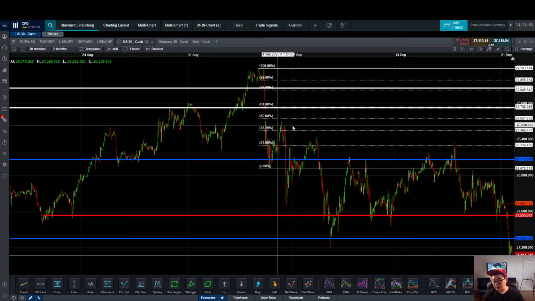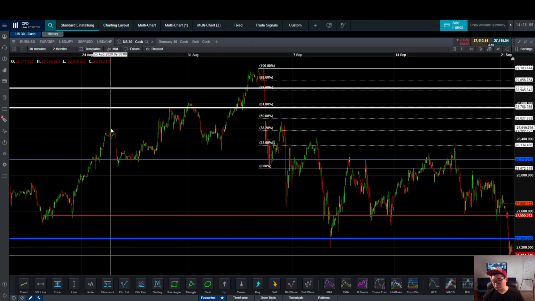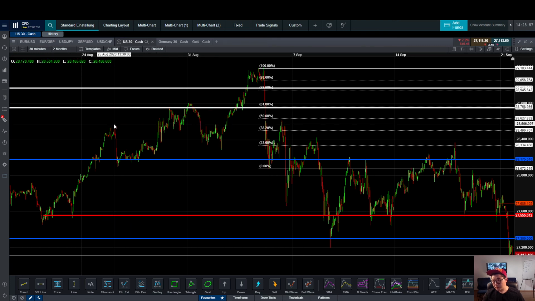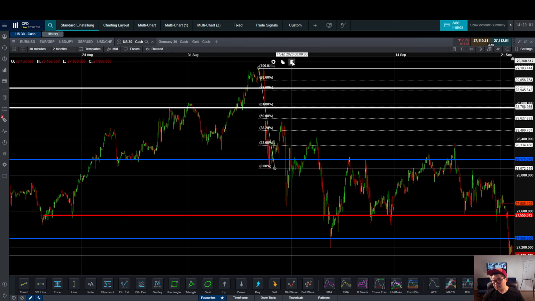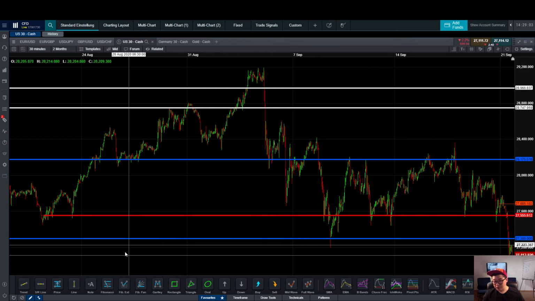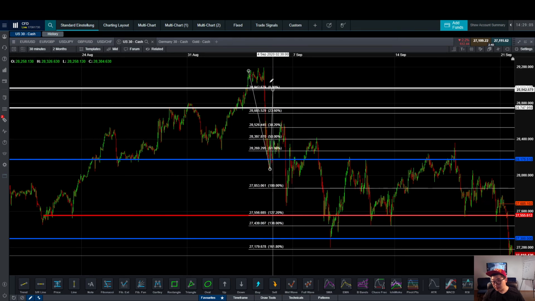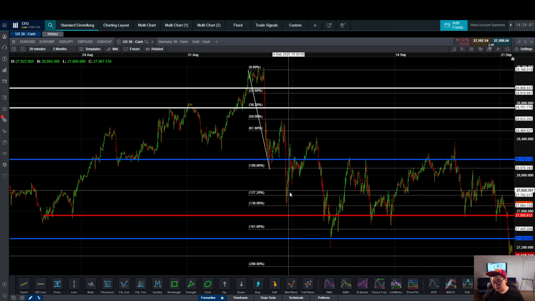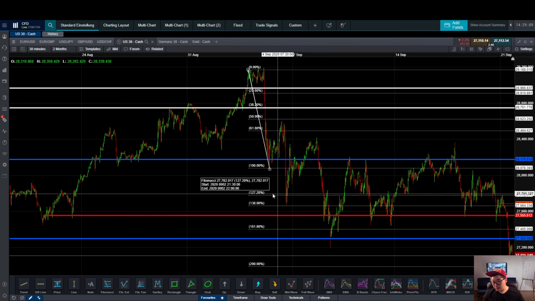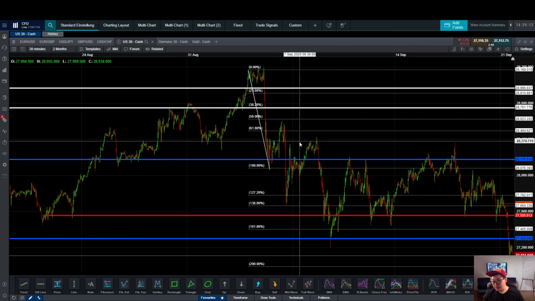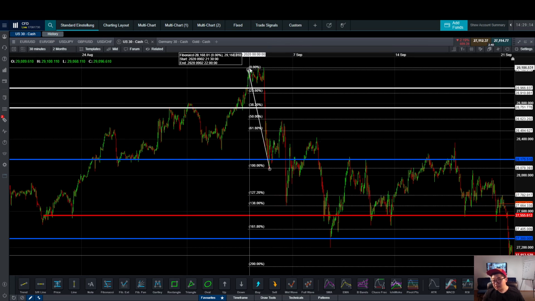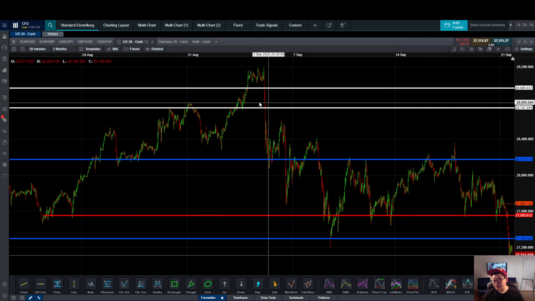So here is a good area where you should have drawn your support and resistance, for a bounce back. And how do you take your profit? Very simple. Here, 127, 138. This is where you take your profits. So these are simple trades, but you just have to understand how to use them.